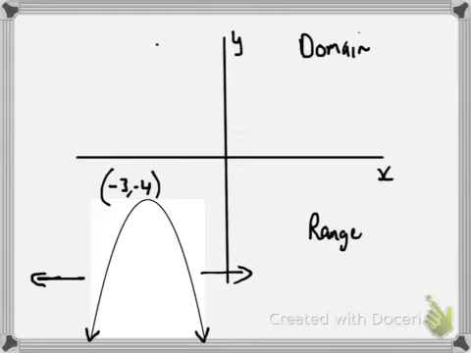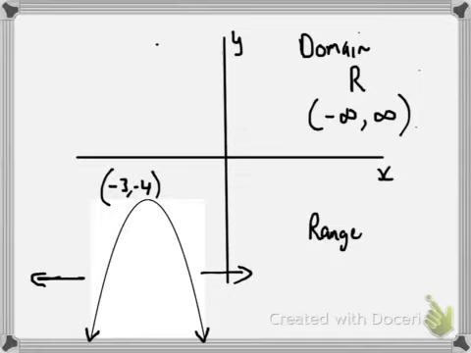I haven't put any constrictions on the x values of the graph. So we can say its domain is the real numbers. We can also say the domain is from negative infinity to infinity. Now why have I got curly brackets there and not square brackets? Remember, curly brackets means that you don't include the values.